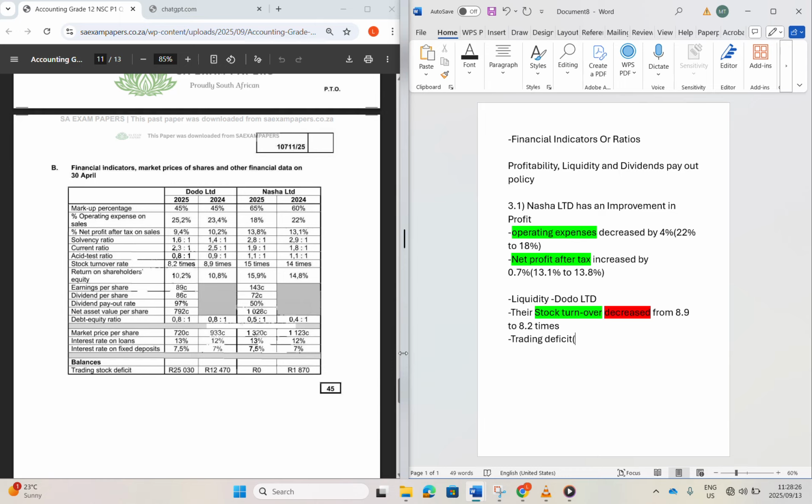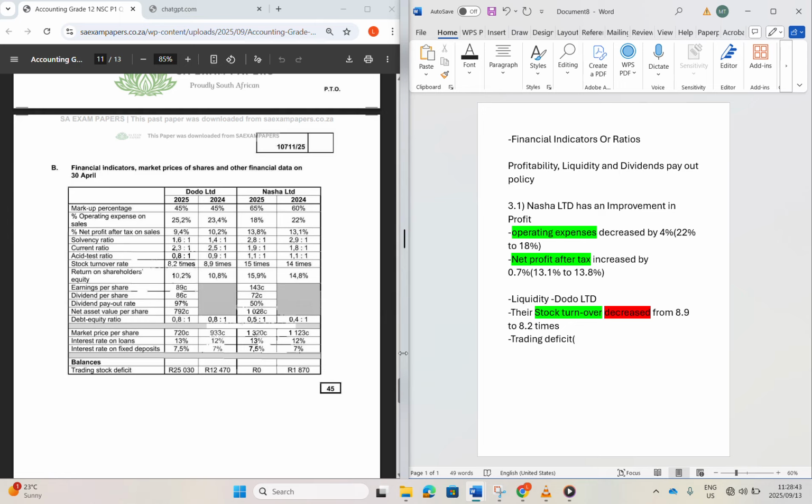So we had losses amounting to 12k. Now they are amounting to 25,000, which is a concern. Why do we have such big amounts of losses?